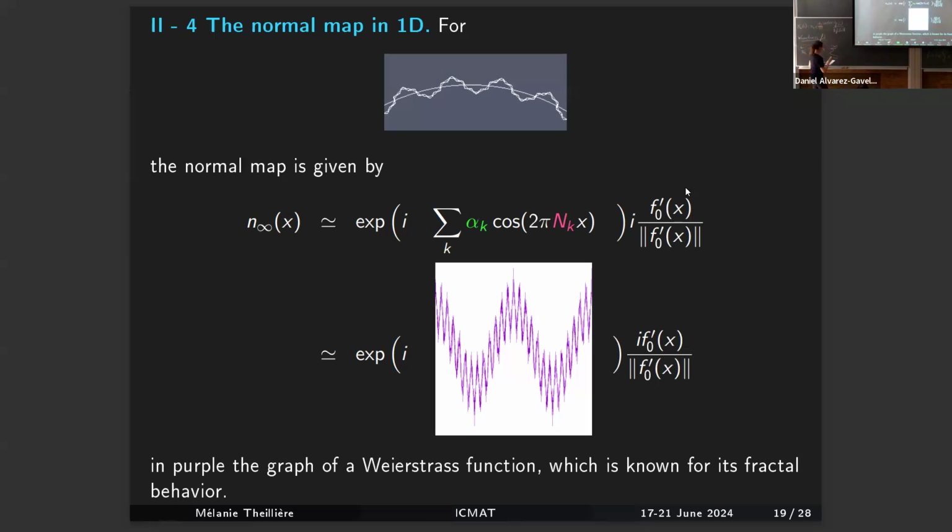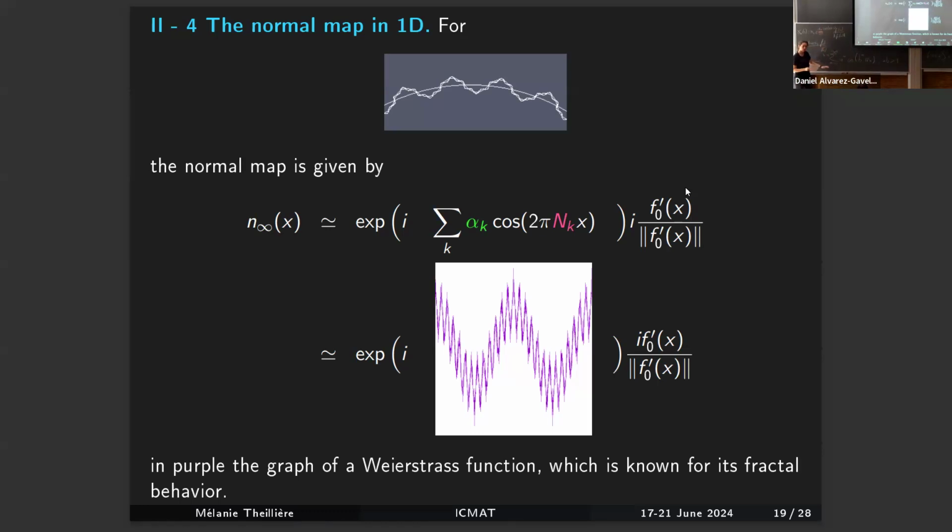For n, a parameter, a to the power n, times cosine of b to the n times x, with the condition ab greater than 1. In fact, this family of functions are continuous but nowhere differentiable.